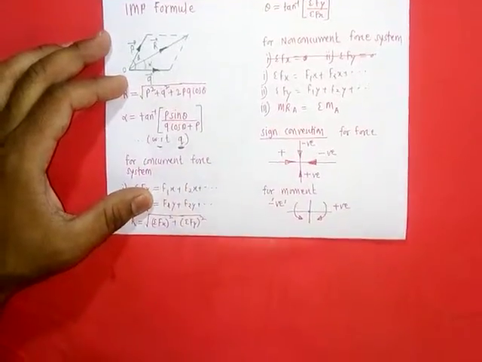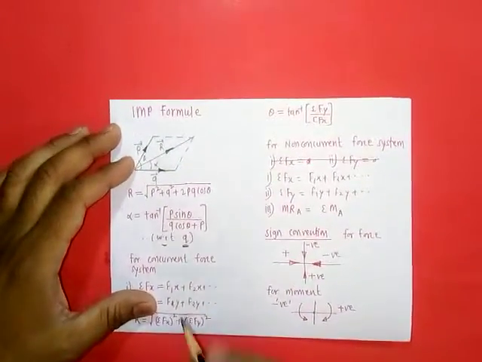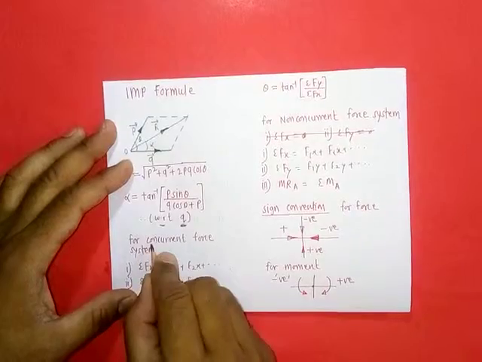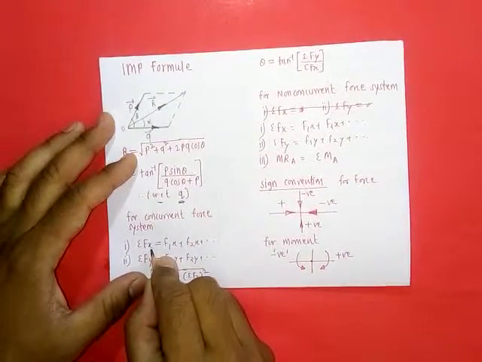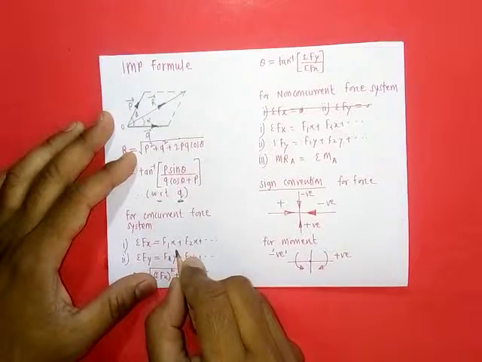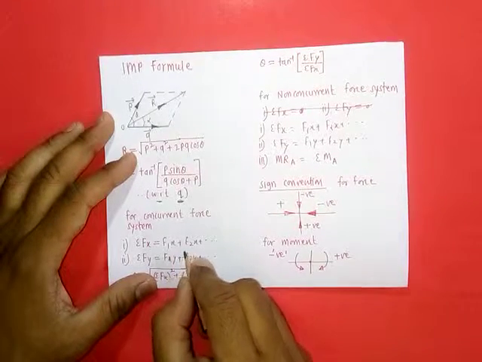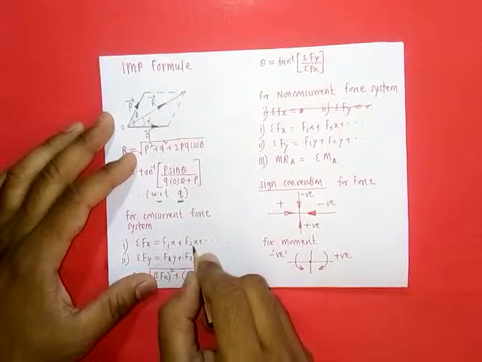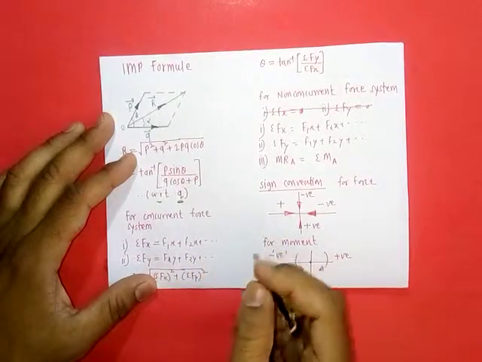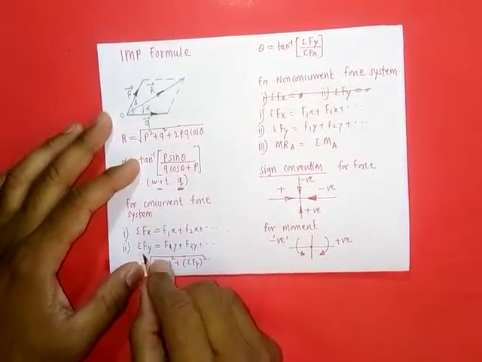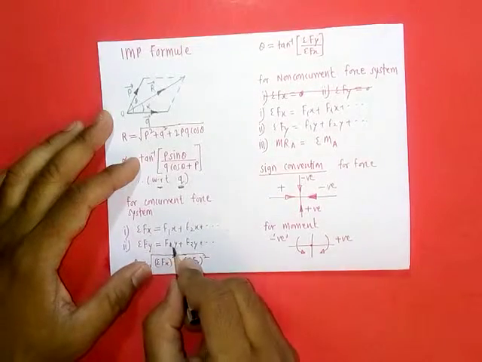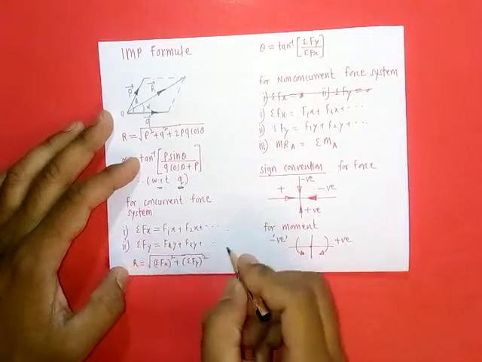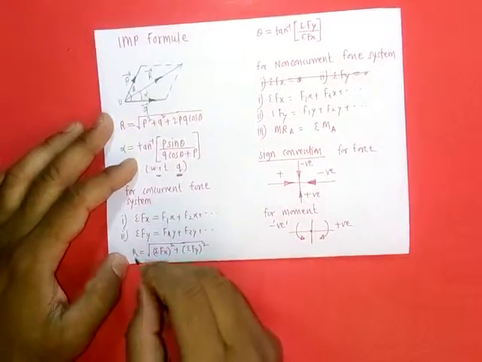Next is for the concurrent force system. We have summation Fx, equal to the sum of horizontal components of all forces, that is F1x plus F2x plus so on. Then summation Fy is equal to F1y plus F2y plus so on.